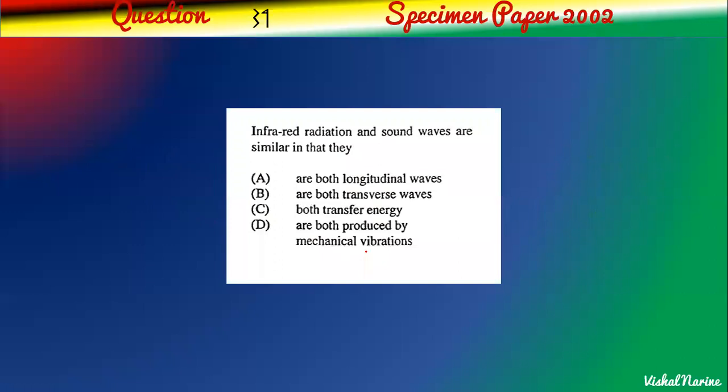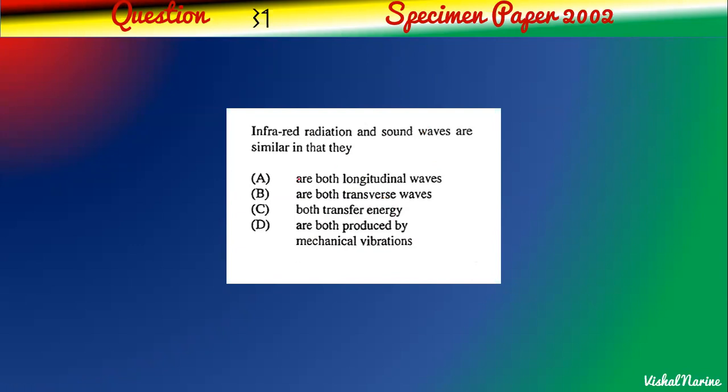31. Infrared radiation and sound waves are similar in that... These questions are based on the topic waves. Are they both longitudinal? Are they both transverse? We know that this is not correct.